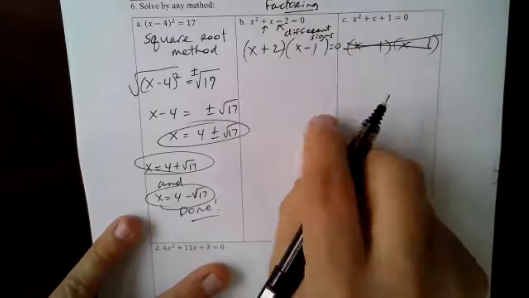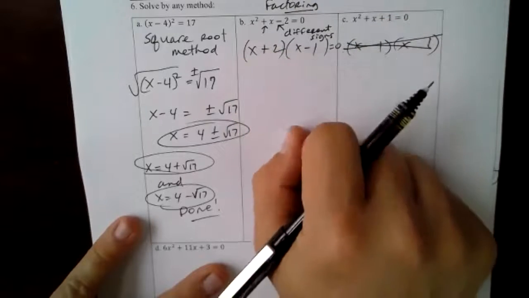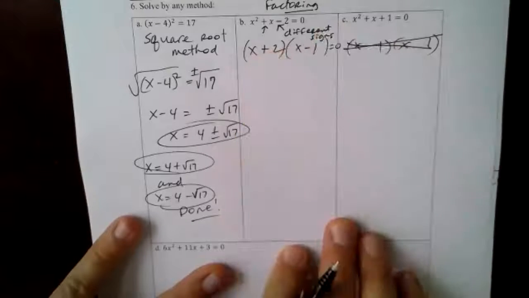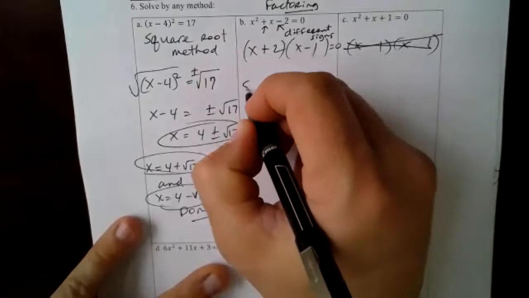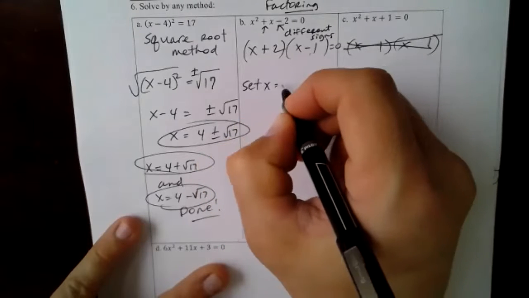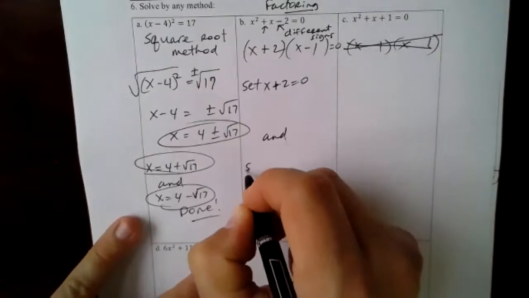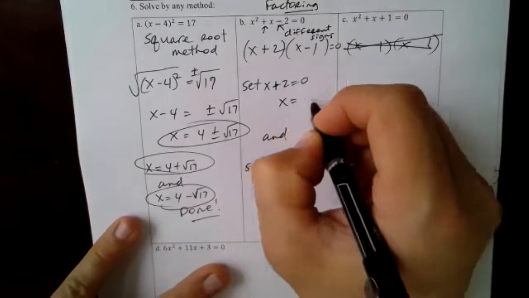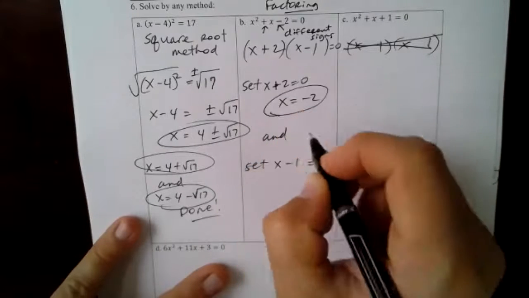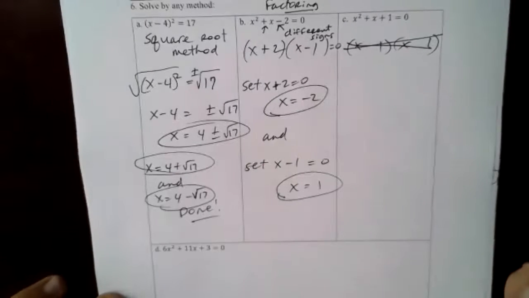So we set that equal to 0. Remember, the answer is negative 2 over 1 and positive 1 over 1. If you can do it that fast, that's within 30 seconds, right? So we're going to set x plus 2 equals 0 and x minus 1 equals 0. So x equals negative 2 and x equals 1. Those are my two solutions there by factoring.